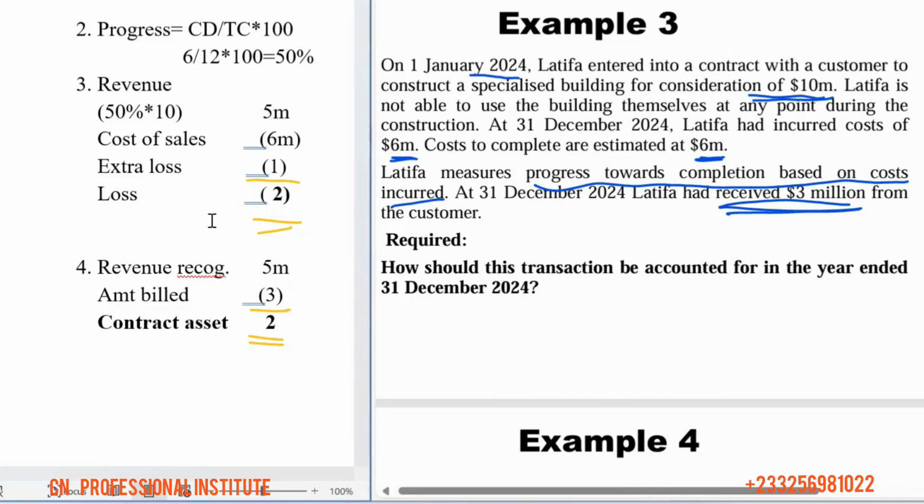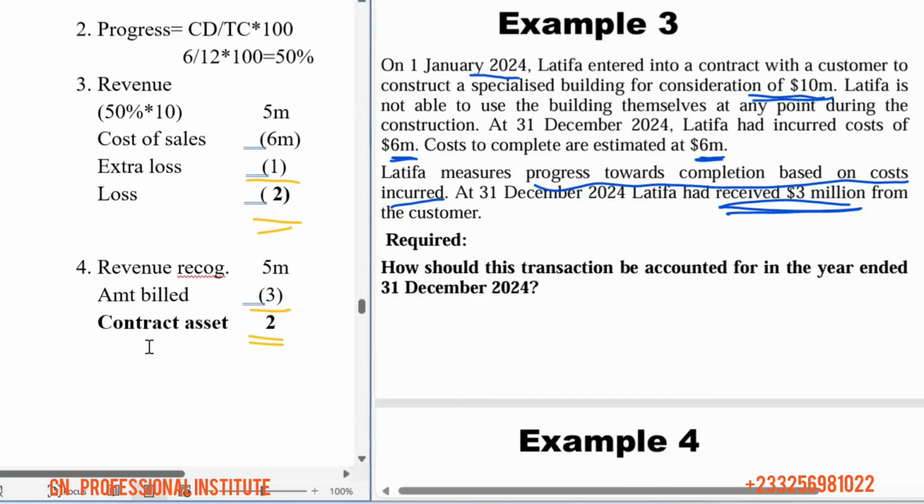With the contract payable or receivable, we compare the amount billed with the cash received from the customer. Here we've been told that we received 3 million from the customer. So we have only the amount received. The assumption is that the 3 million we bill the customer is the 3 million we are receiving from the customer. So amount billed is equal to amount received, which is 3 million.